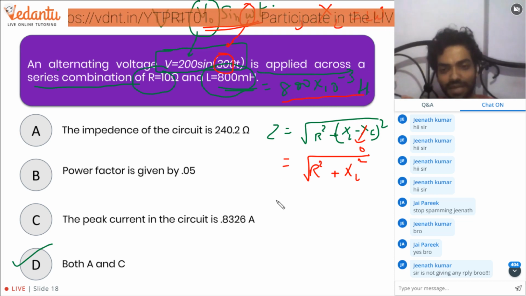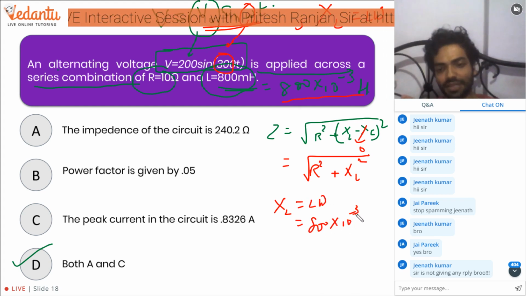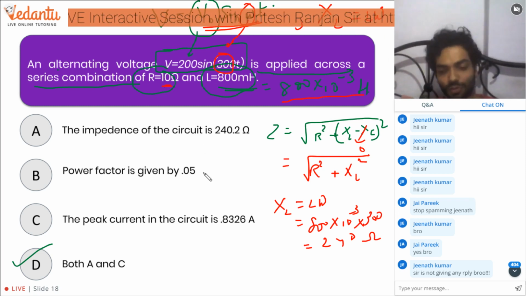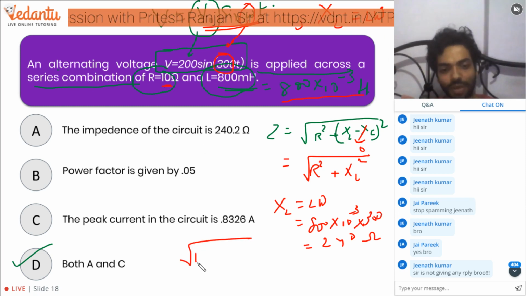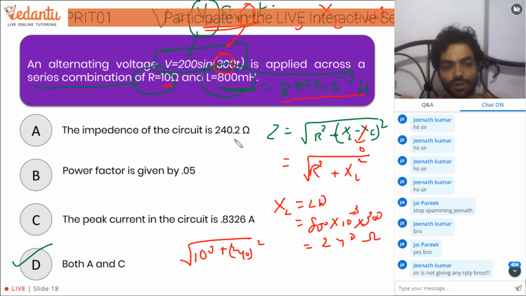When you multiply, you get XL as L omega, which is 800 into 10 to the power minus 3 into 300, so you will get 240 ohm. Similarly, you have the value of R as 10 ohm. When you take the root of 10 square, that is 100, and 240 square, you get the value of 240.2 ohm.